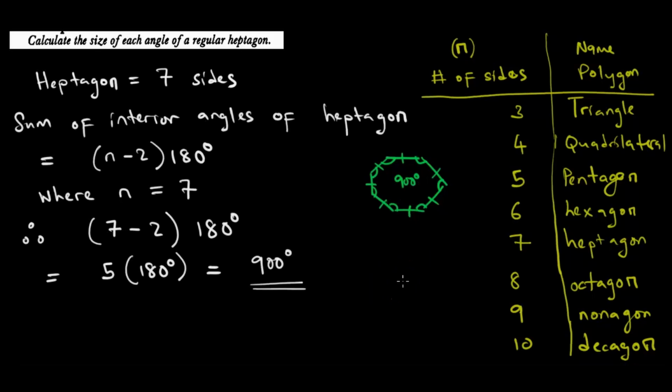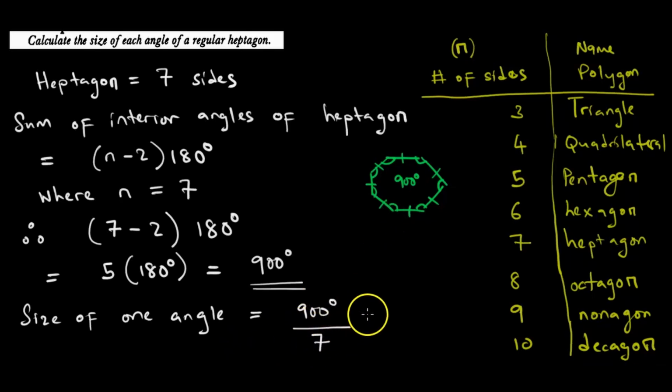But our question is to calculate the size of each angle. Each angle, that's singular. We want the size of 1 angle of a regular heptagon. So there are ways of thinking about this. There is an intuitive way. Since these angles are equal, the size of one angle is equal to 900 degrees divided by the number of angles, which is 7.